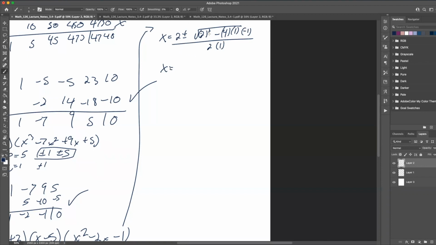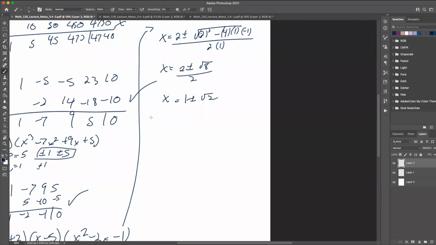This is 4 minus a negative 4, so that becomes 2 plus or minus the square root of 8 over 2. So x is equal to 1 plus or minus the square root of, I can pull out a 4, so this becomes 2 square root of 2 divided by 2, so it's just square root of 2.